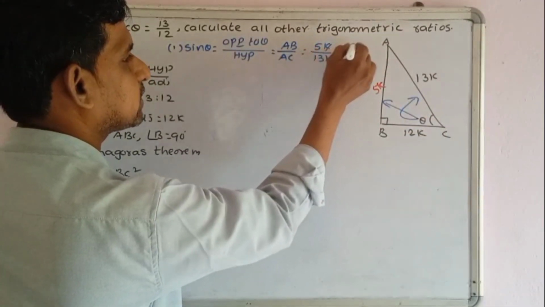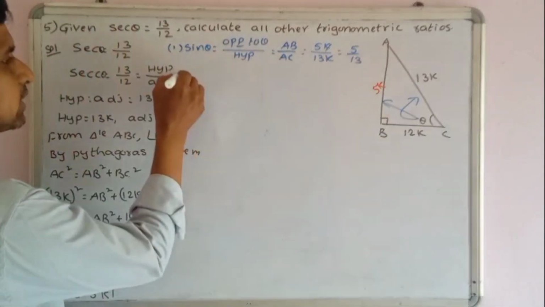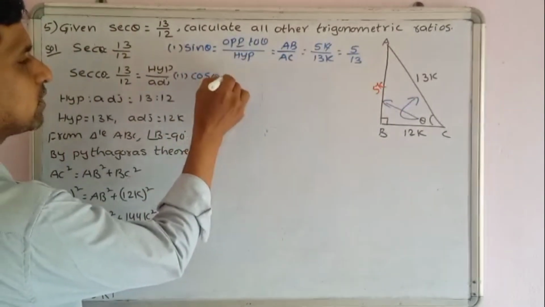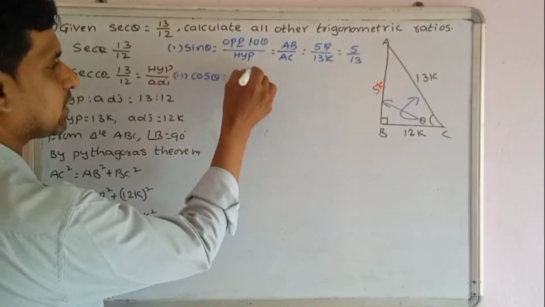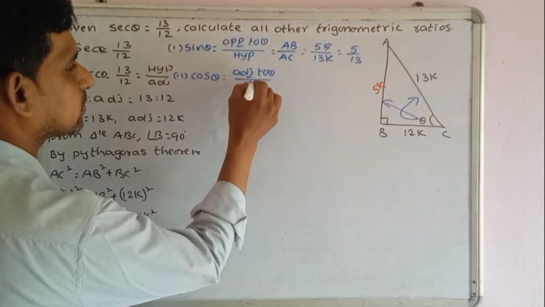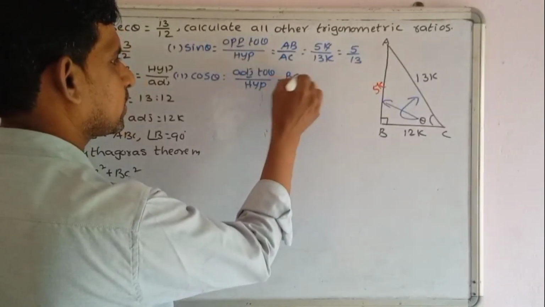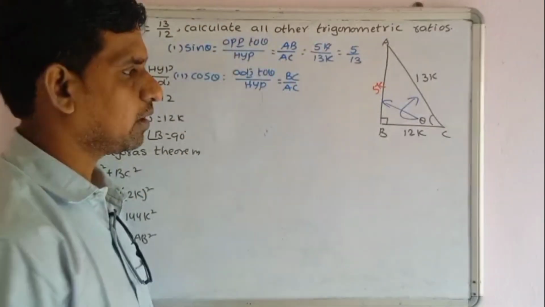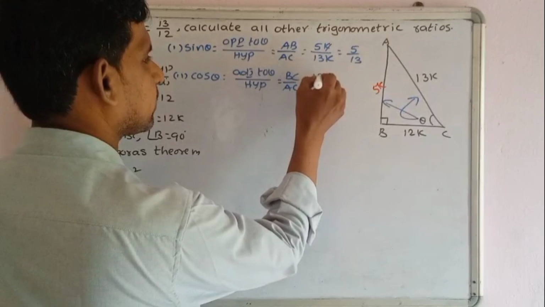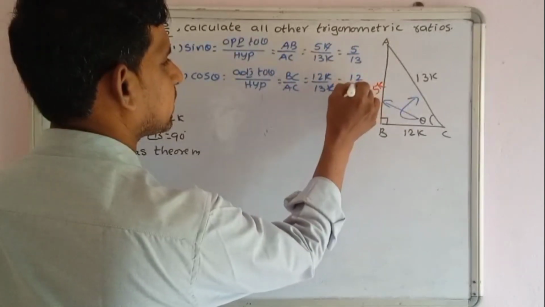So K gets cancelled, 5 by 13. Next, the second trigonometric ratio is cos theta. Cos theta is side adjacent to theta by hypotenuse. Adjacent to theta is BC, hypotenuse is AC. BC value is 12K, AC value 13K. So K gets cancelled, 12 by 13.